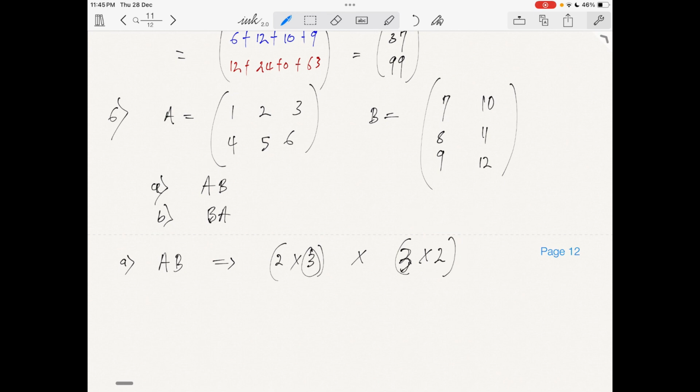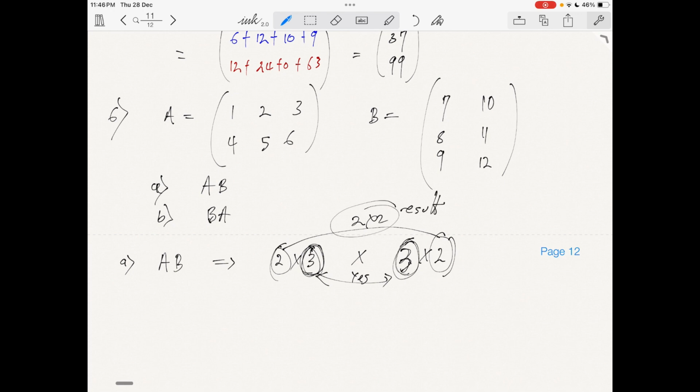So we can see that the number of columns in A is equal to the number of rows in B. Since they are the same, the multiplication is possible. Then at the end, we will have our result to be a 2 by 2 matrix.